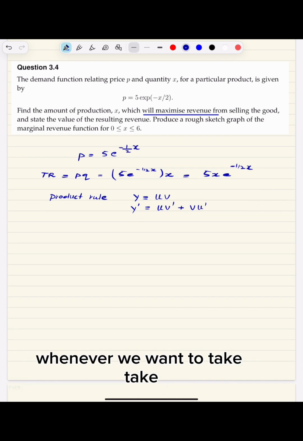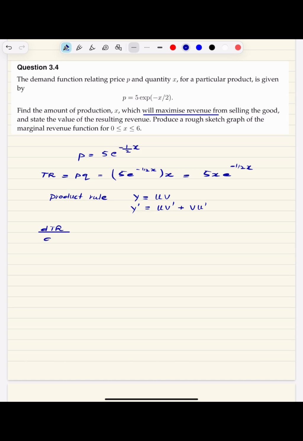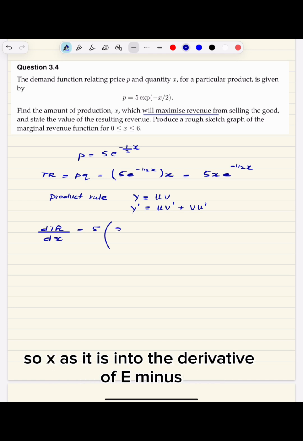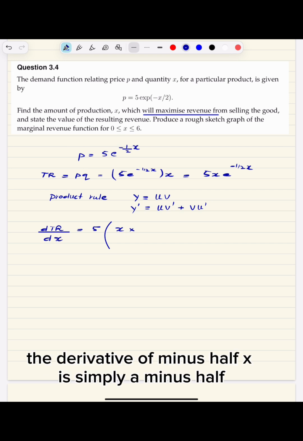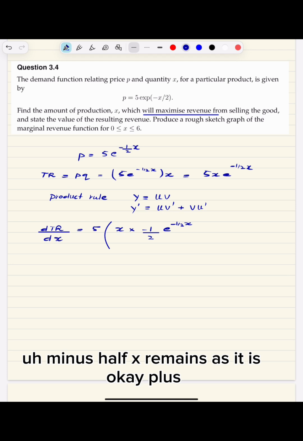So whenever we want to take the derivative of total revenue with respect to x, 5 is a constant, I can ignore it, take it outside. So x as it is into the derivative of e to the power of minus half x, and the derivative of minus half x is simply minus half, and the function e to the power of minus half x remains as it is.